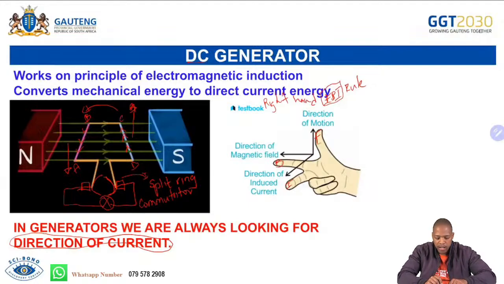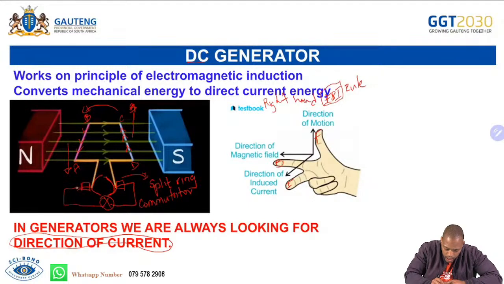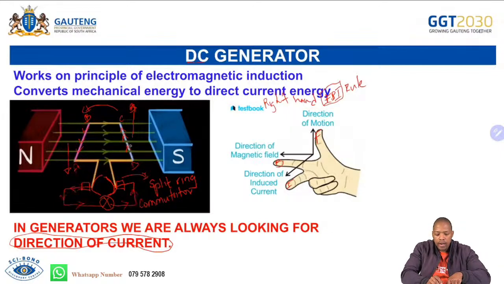The split ring helps us because I need this current to be in one direction. In the external circuit, I need the current to continue moving like this. So to ensure that, when the blue goes to the other side and turns, I need this side to then connect with this side because remember, it's going to change direction.